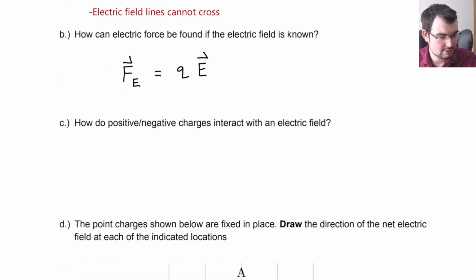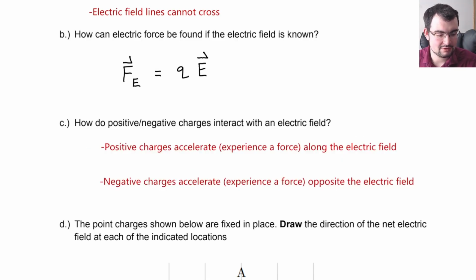If you plug in a positive, you get two vectors that agree, and if you plug in a negative for Q, you get two vectors that are anti-parallel. So positive charges experience a force along the E field, and negative charges accelerate against the E field. Positives speed up with the E field, negatives speed up in the opposite direction.